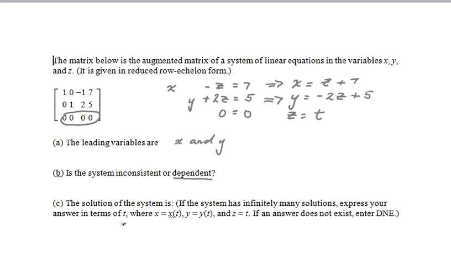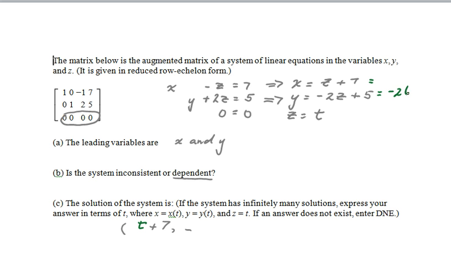So the general solution in terms of z is z plus 7, comma, I'm sorry, it shouldn't be z plus 7, it should be t plus 7, because I'm now going to go back and replace the z's in equations 1 and 2 also with t's.